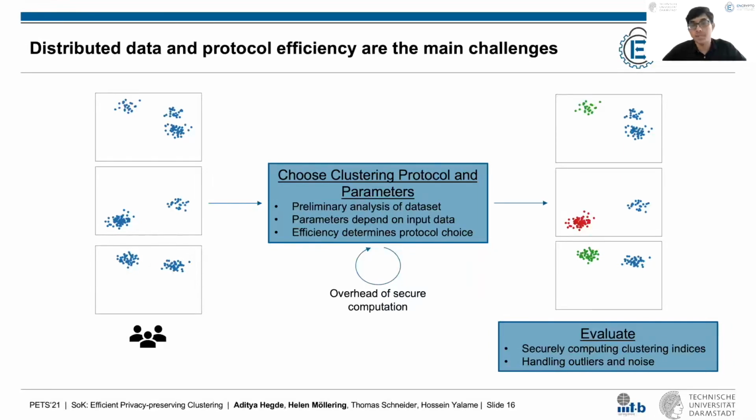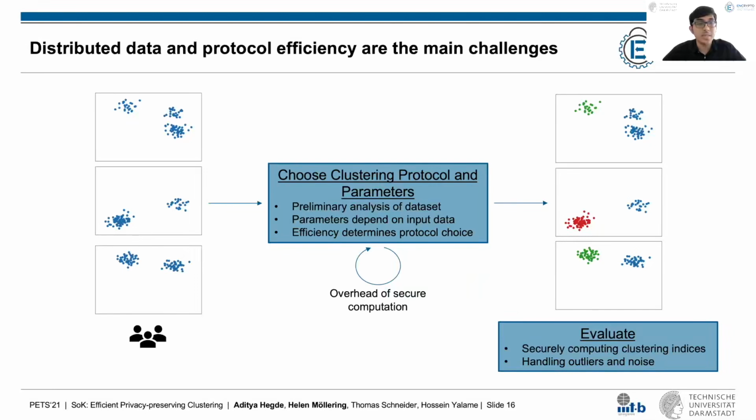Now there are 2 aspects to this. The first is extending the protocols to efficiently compute such indices from the output. Secondly, since these indices are computed on the combined dataset, it is important to analyze if outputting it can leak any private information and if there are other methods of evaluation better suited for the privacy preserving case.